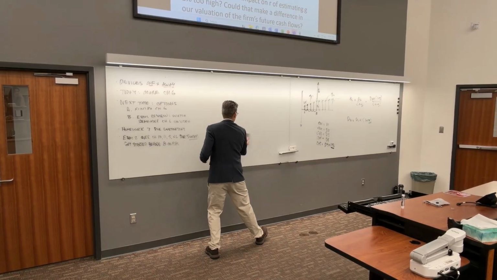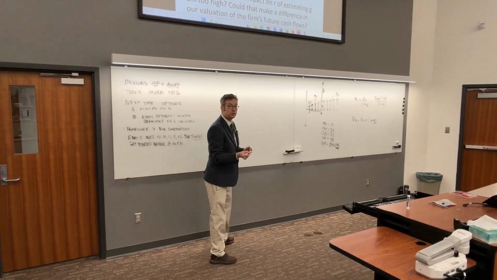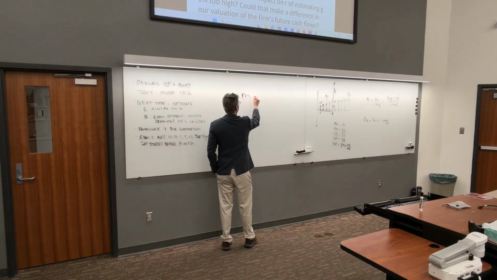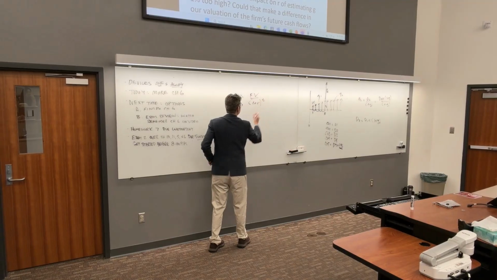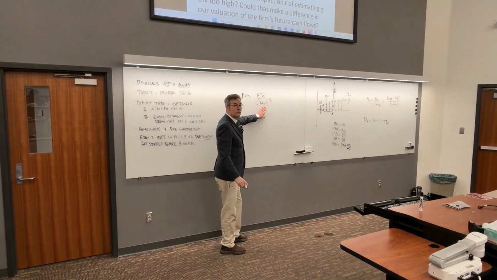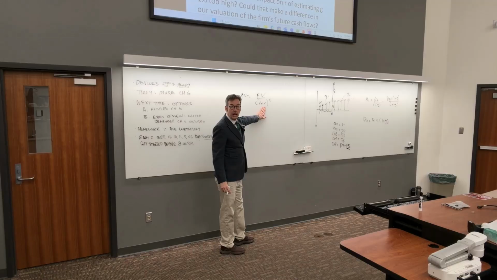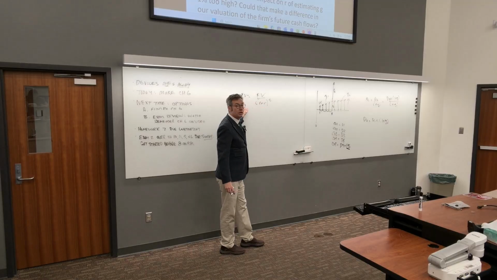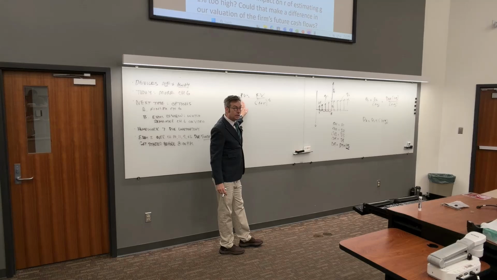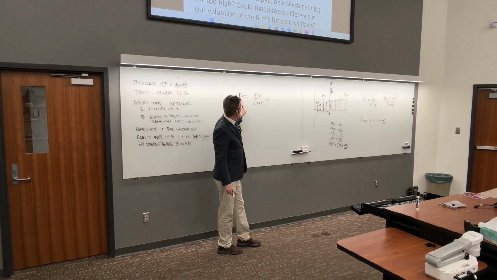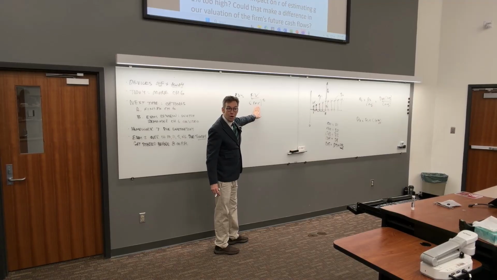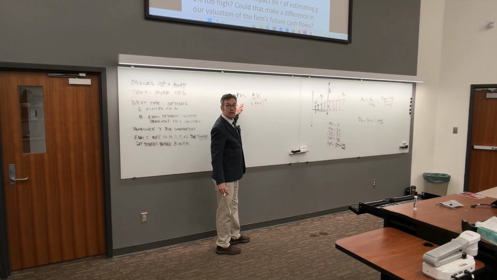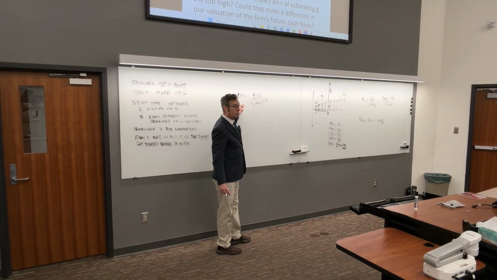Remember that the price or value of anything is the present value of the future cash flows. If our estimate of R is too high, then our estimate of present value will be too low. If our estimate of R is too low, then our estimate of present value will be too high. You see how that works?